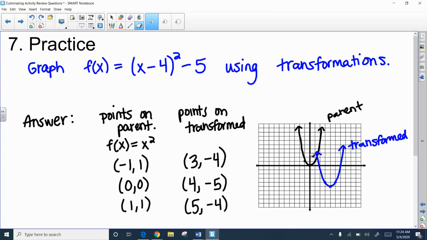I graphed it in black on the graph here. These ones are the transformed points: (3, -4), (4, -5), and (5, -4), because we would be adding 4 to the x values and subtracting 5 from the y values. And then here in blue is our transformed function.